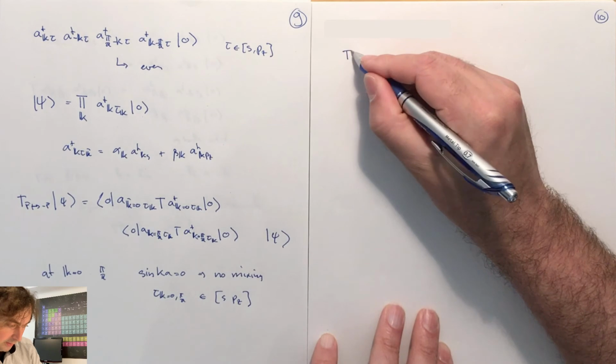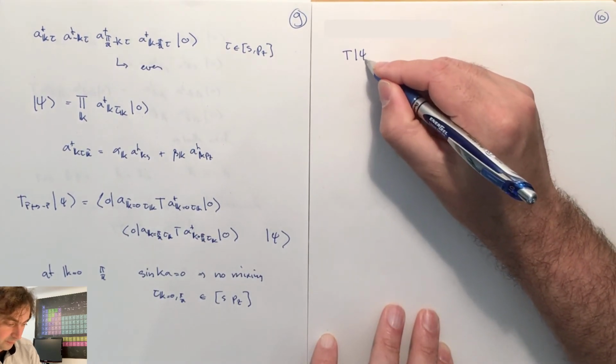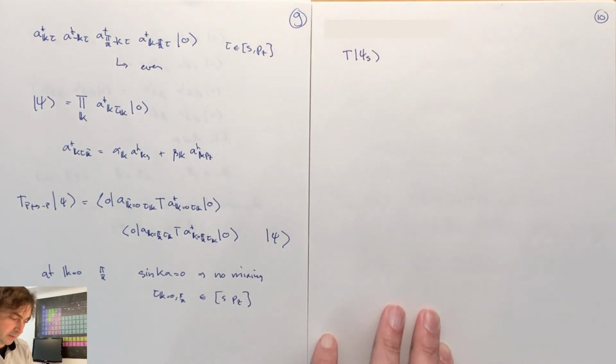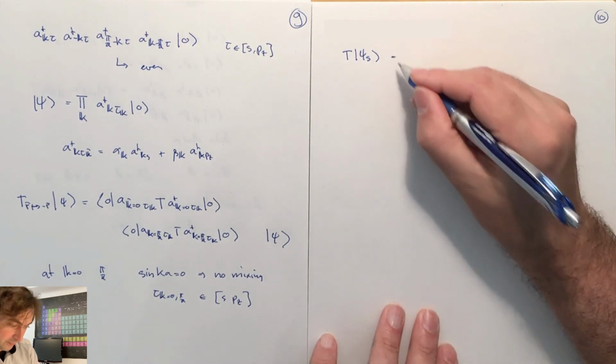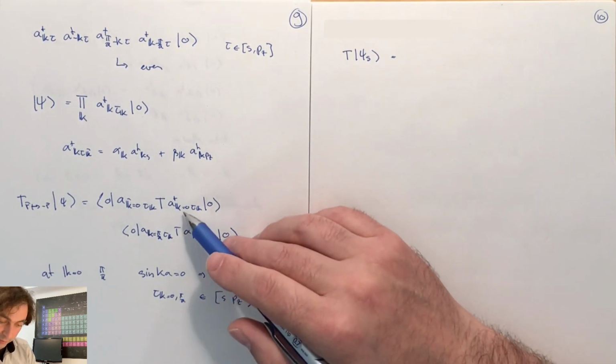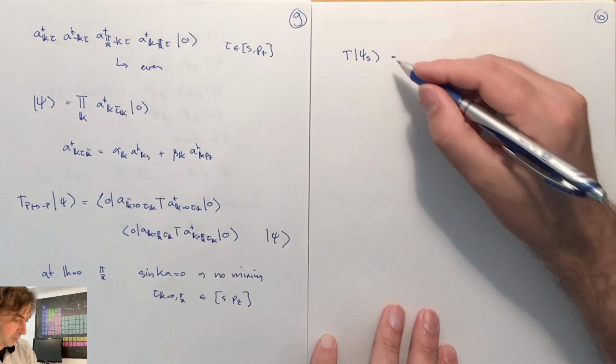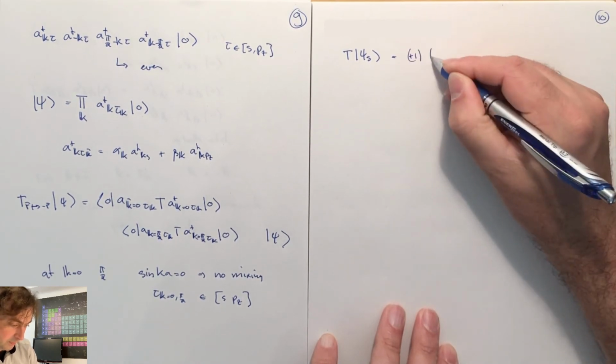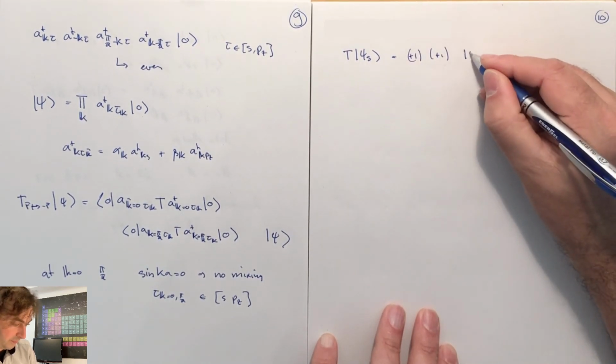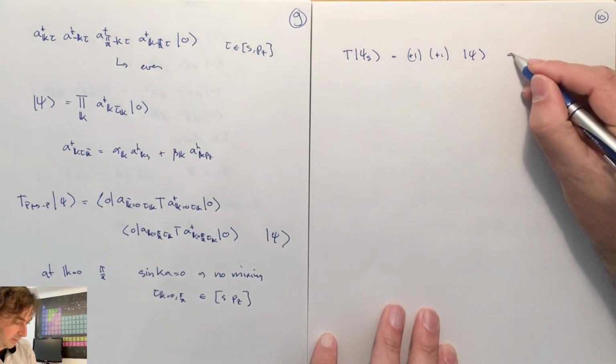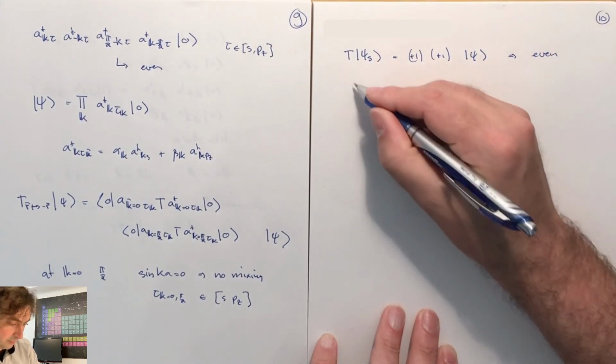Now if we look at the parity of our S state, then we have here an s orbital and there an s orbital. So we have +1 times +1 times phi, and this is even.